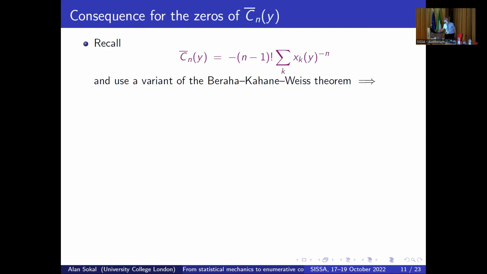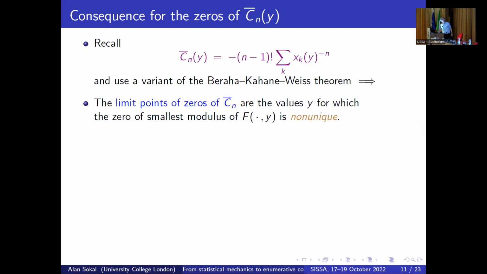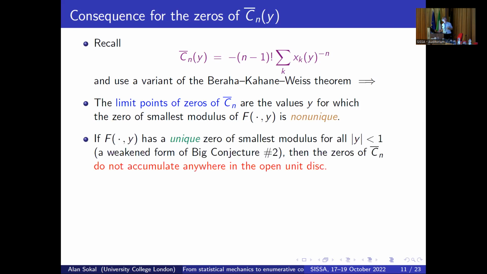Okay, and then what's a consequence of this, going back to the connected graph generating polynomials? So you recall the convergent formula. You use a variant of the Beraha-Kahane-Weiss theorem, which basically says that if there is a unique root of smallest modulus, then the C bar n of y doesn't vanish. The other way of saying it is that the limit points of zeros of these C bar n's are the values for which the zero of smallest modulus is non-unique.